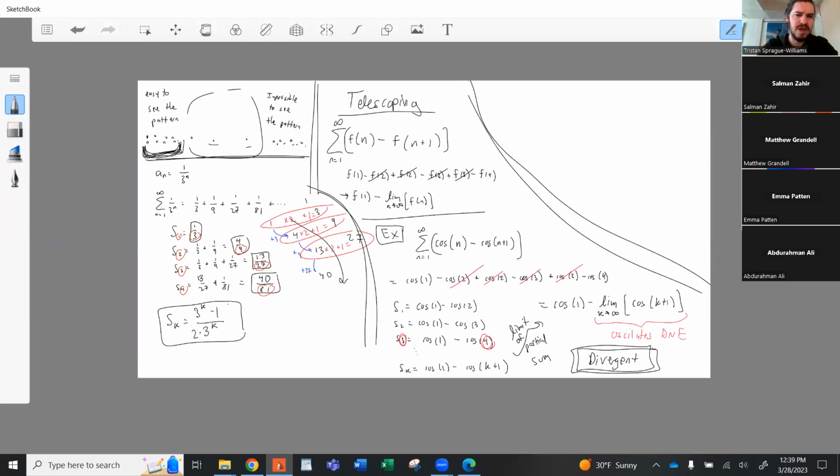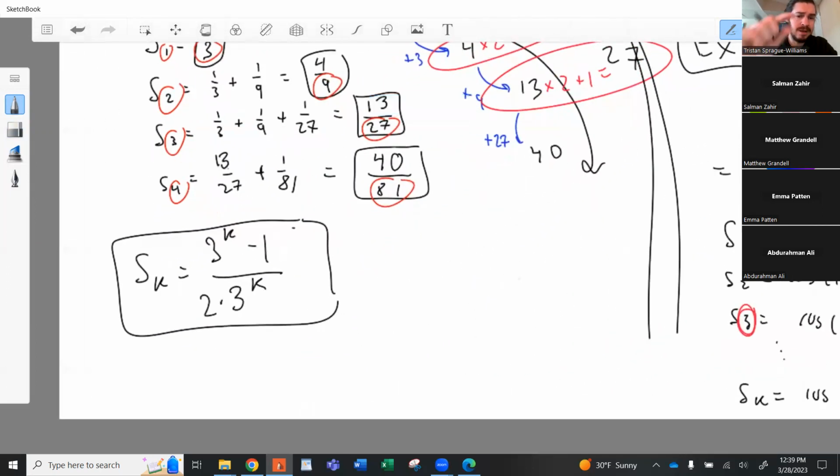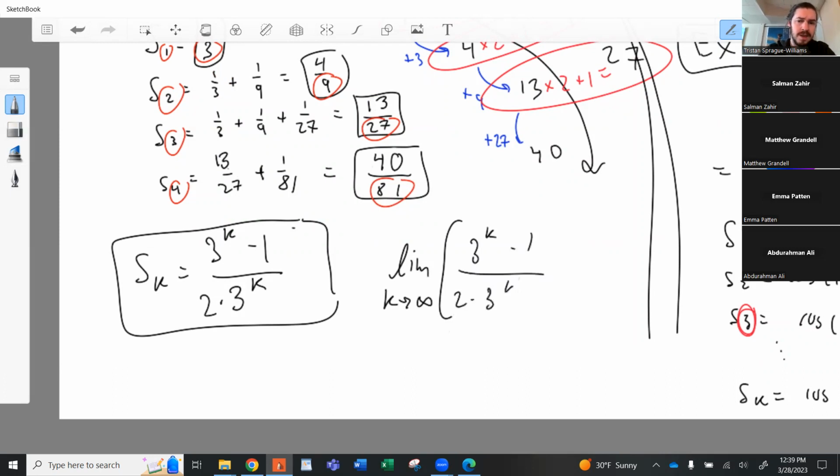I should have finished this one first because we never finished summing up 1/3 to the n. We got our formula for SK, but we didn't take a limit of it. So what is the limit as k goes to infinity of 3 to the k minus 1 over 2 times 3 to the k? What is this going to be?